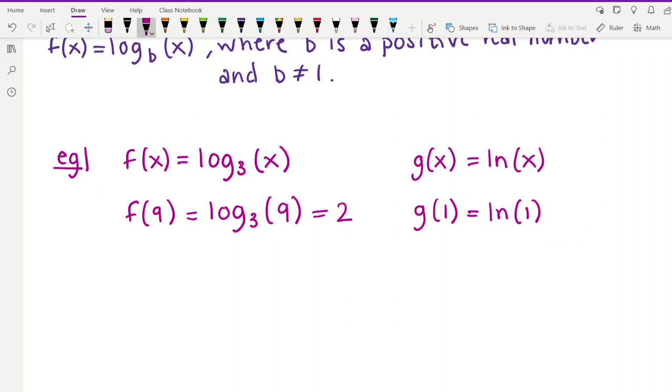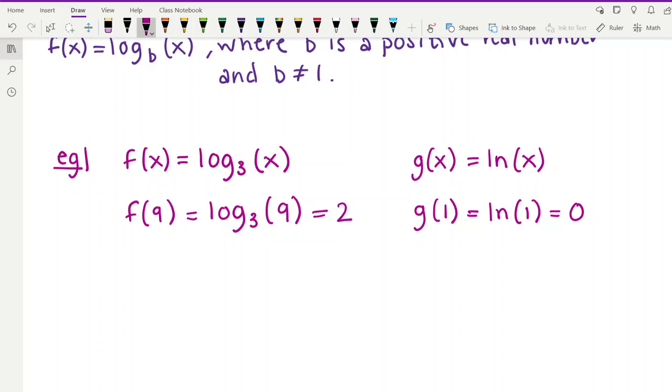And so ln of 1 is asking what power do you have to raise e to get 1? And the answer would be 0. So for this function, when the input is 1, the output is 0. And actually, we'll see that for any logarithmic function, it is always going to contain the point (1, 0) because as we talked about in the last video, every time you take a logarithm of 1, regardless of what the base is, the answer is always 0. And that's just because any number raised to the 0 is 1. But we'll get there a little later.